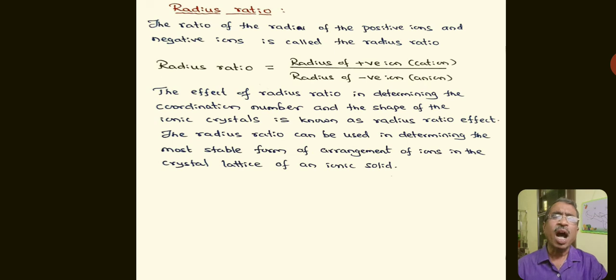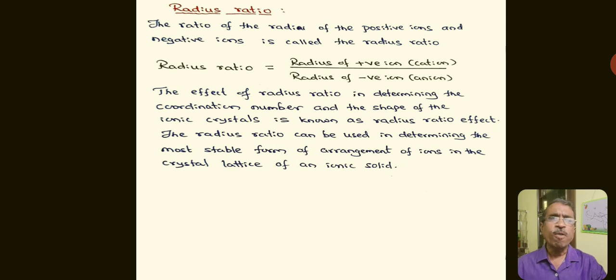Lastly, we take another property of this, that is called the radius ratio. The ratio of the radii of the positive ion and the negative ion is called the radius ratio. Mathematically, radius ratio is equal to radius of the positive ion or the cation divided by radius of the negative ion or the anion.